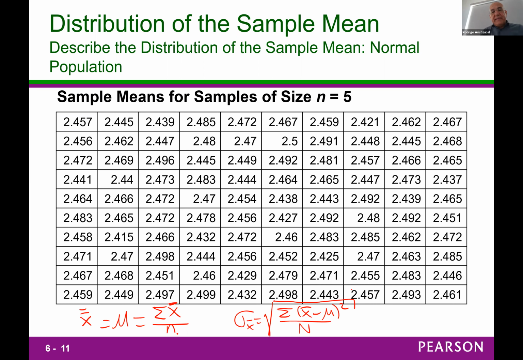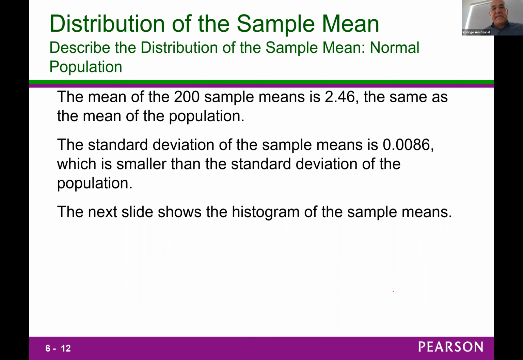When we apply these two formulas, we can obtain these two values. The mean for these 200 is 2.46, which is the same as the mean of the population. And the standard deviation is 0.086, which is smaller than the standard deviation of the population.